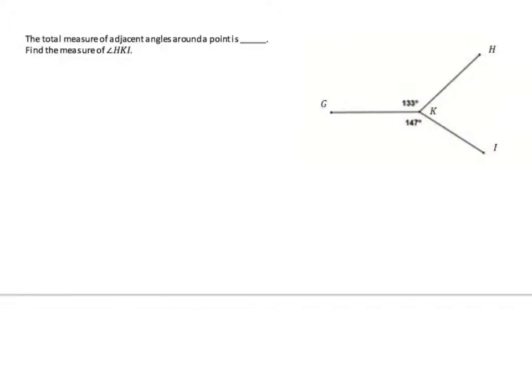The total measure of adjacent angles around a point is, remember we're going with the whole circle here, 360 degrees, because it's a circle.